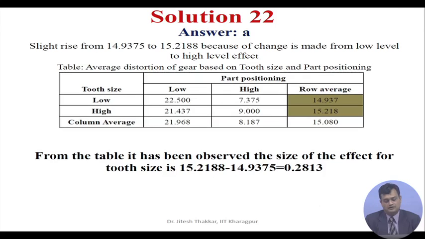Now, the correct answer is A, and you can see from the data in the table that the size of the effect for tooth size is 15.2188 minus 14.9375, that is 0.2813. So, this is the change which is made.